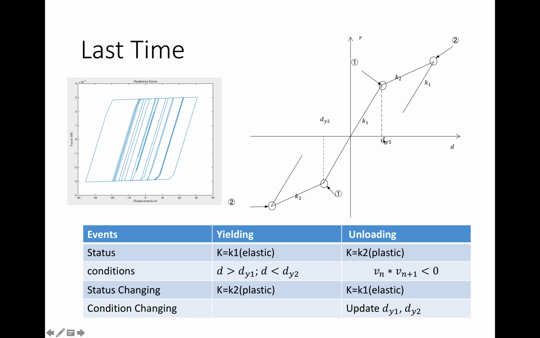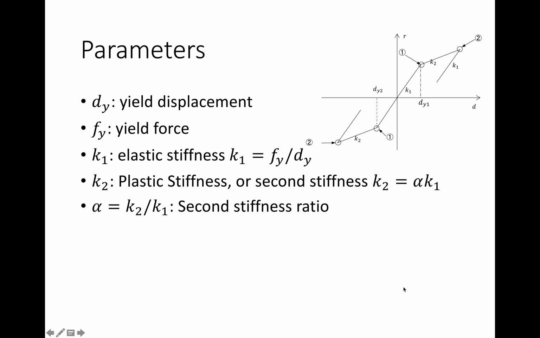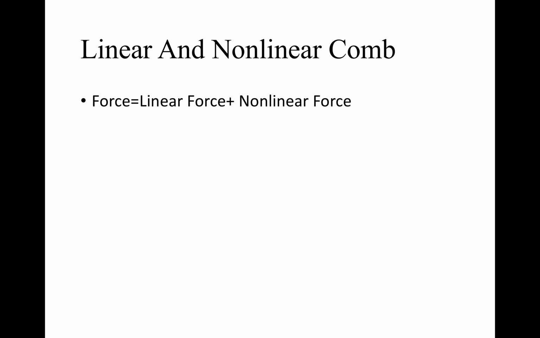Last time we introduced the three states of yielding and unloading and their conditions, and their parameters dy, df, k1, k2. And here, a new concept is introduced to consider the bilinear model as two parts.